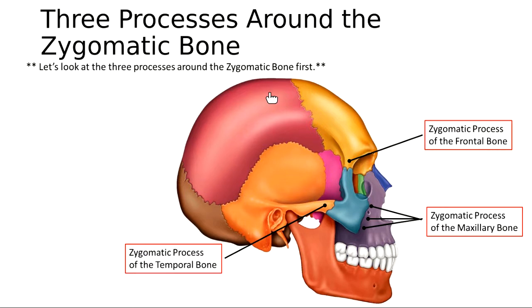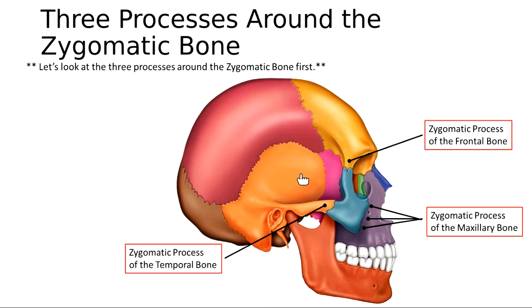All right. First of all, this is the frontal bone, right? And you see that it has a process that's joining to the zygomatic. So that's the zygomatic process of the frontal bone. The part that extends and joins to the zygomatic bone is the zygomatic process of the frontal bone.